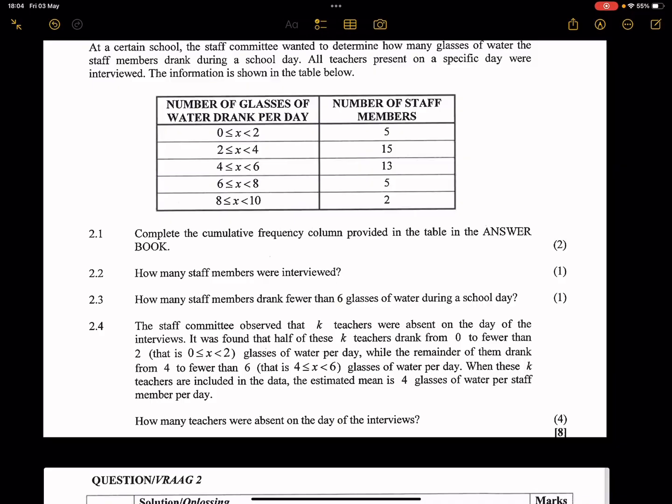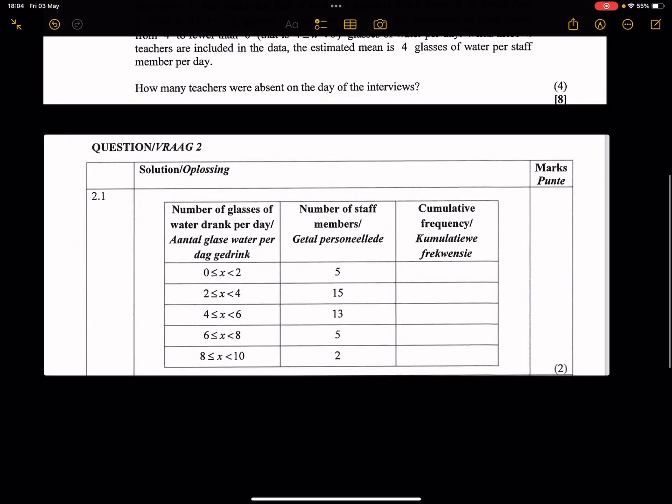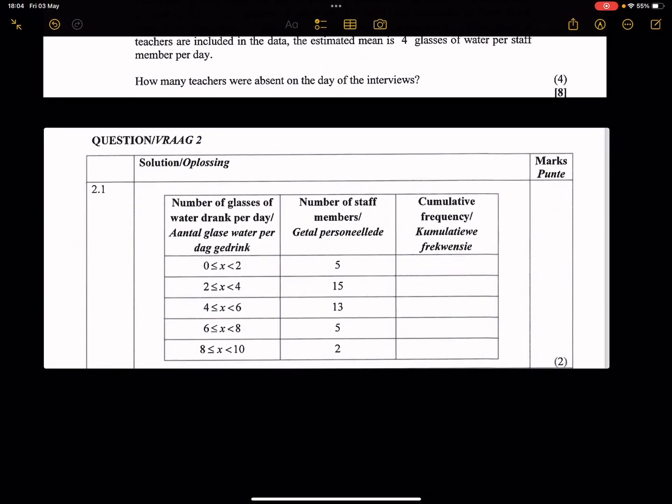They say to us, complete the cumulative frequency column provided in the table in the answer book. So I took the liberty to copy the one from the answer book so that we can try and complete it. So remember, how does cumulative frequency work?